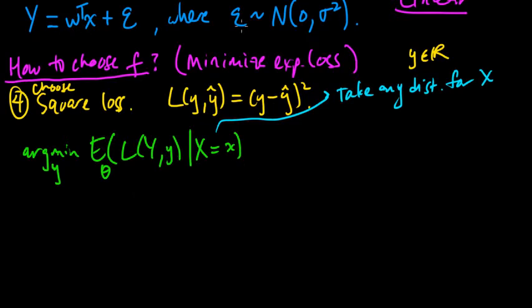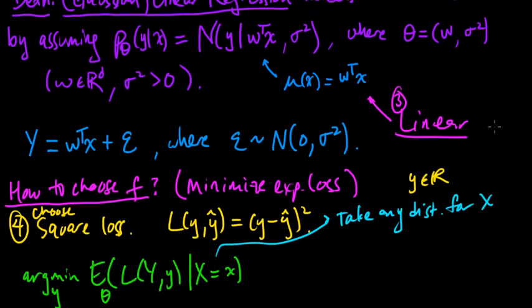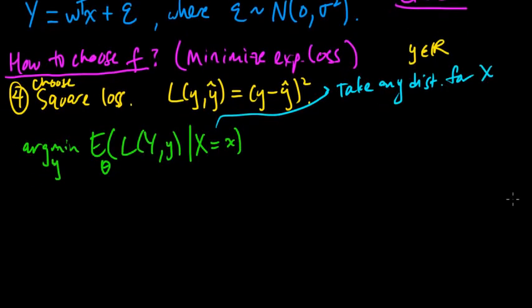So y is this thing, and theta is just like before. Theta is this. So we're assuming some theta. We want to solve this minimization.